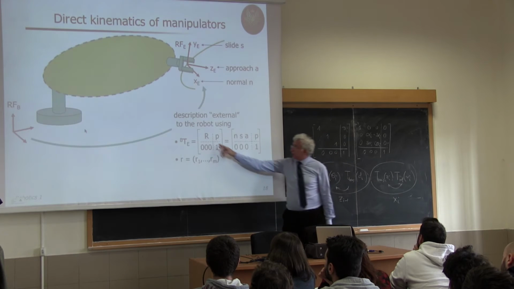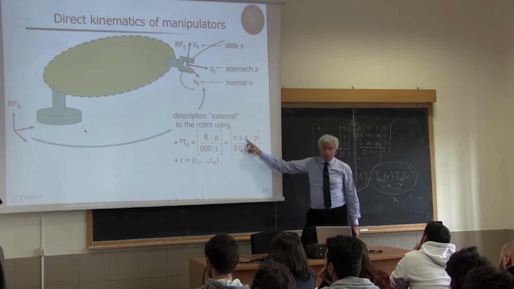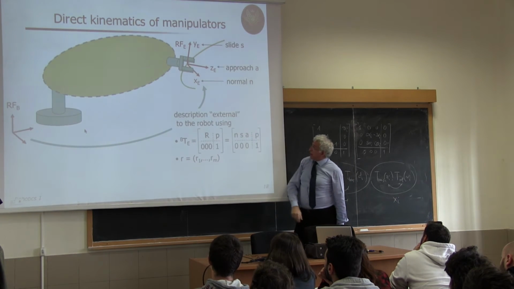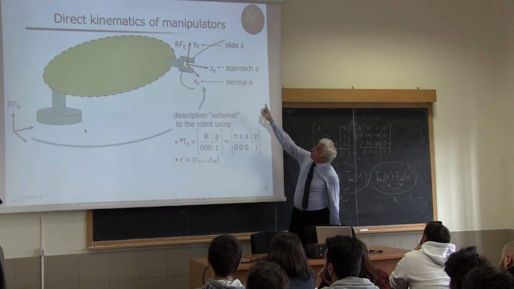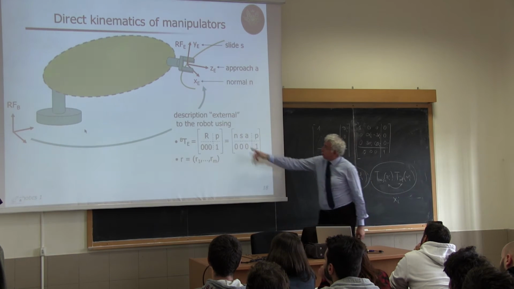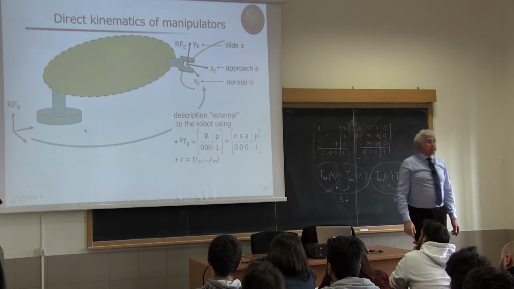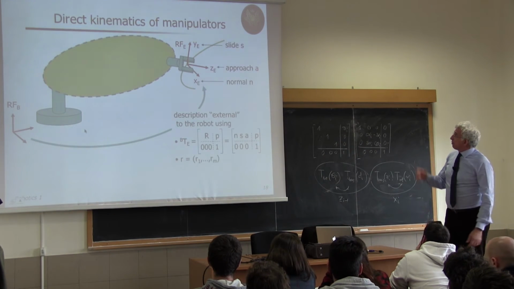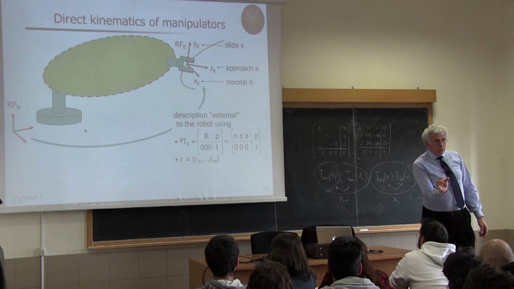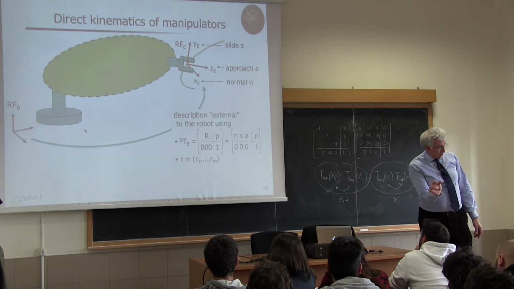This is why the third column is called A, because it's z_E. Then the second column is called S, and is where the axis y_E is placed. If you have a gripper that opens and closes, this is the slide direction of the gripper.